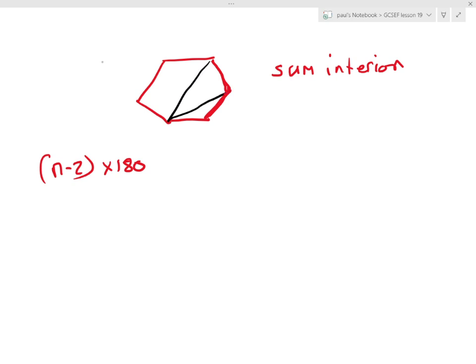Then we draw another to make a triangle. It always comes from the same place and makes a triangle there. So our six-sided shape, we ended up with 4 triangles. And as you know, the sum of the interior angles in a triangle is 180, 180, 180. So this is 4 times 180.